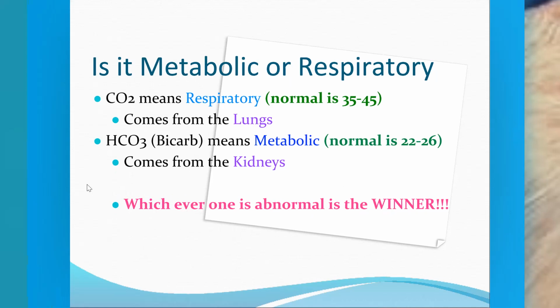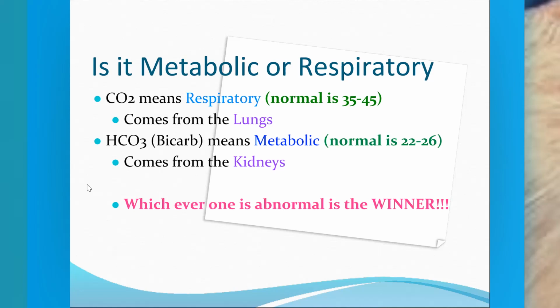You've probably heard of bicarb, or bicarbonate, which is an injectable drug that we use at times for many different purposes, but in this case we're looking at it within the blood. Bicarbonate is our metabolic value. Our CO2 is our respiratory component, because we're breathing off CO2.